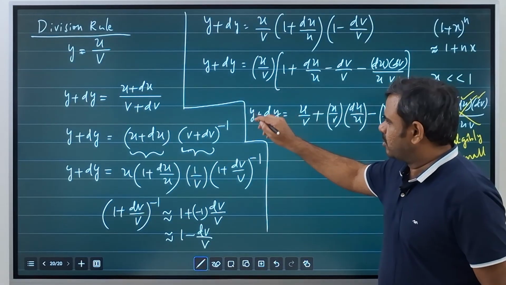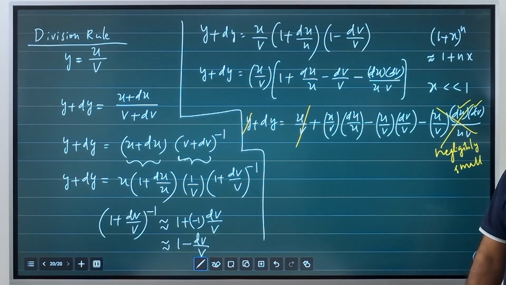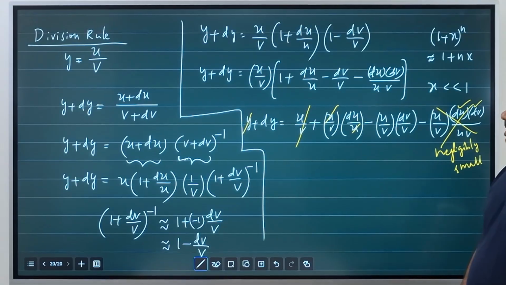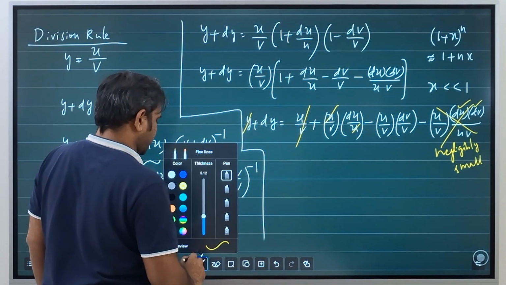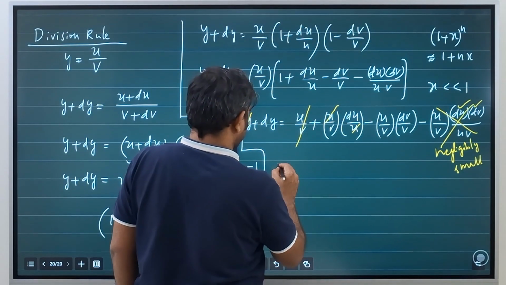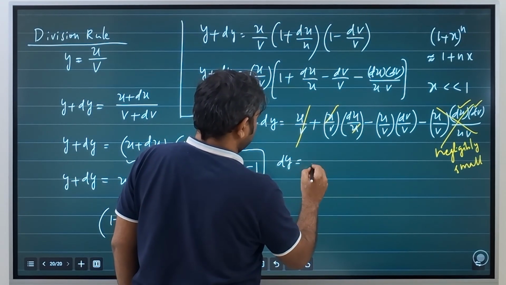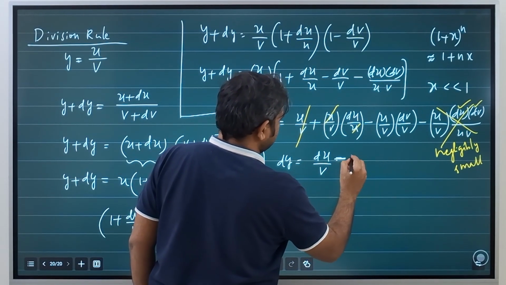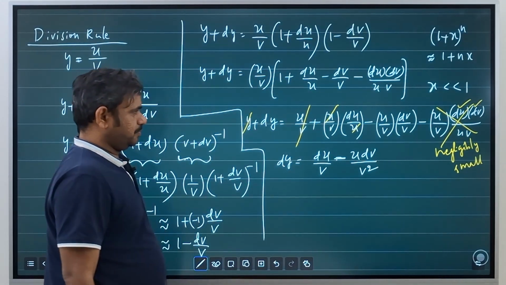Now you know y is equal to u by v. Y and u by v get cancelled. Here u gets cancelled. You can write this equation now as the following. dy is equal to du by v minus u dv by v square.